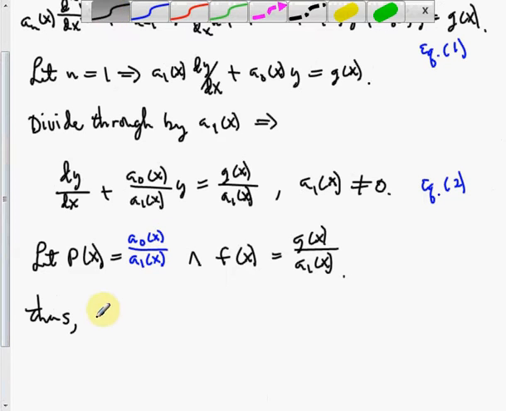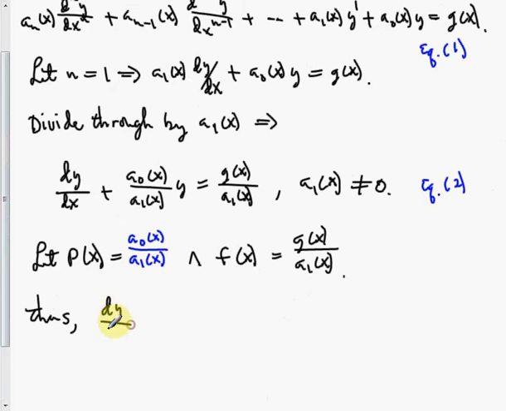And so thus, dy over dx plus p of x times y is equal to f of x.